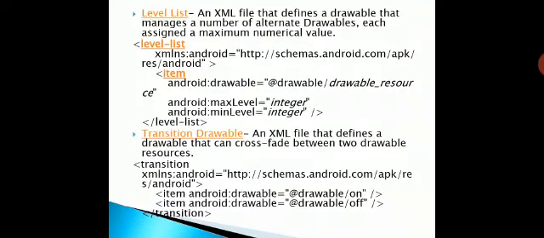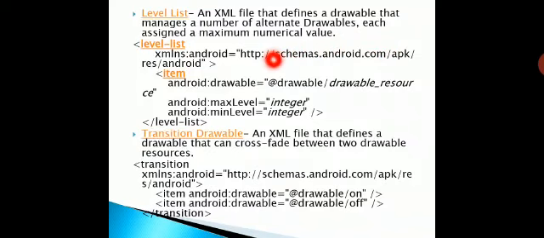So whenever you specify, if it is the status of the button off, then you will specify the maximum level as 0, and if it is the status on button, then you will specify the maximum level as 1. So depending upon the value, if it is a 1, that means the drawable has to be the status on button, and if the value is 0, then it has to be an off button drawable.